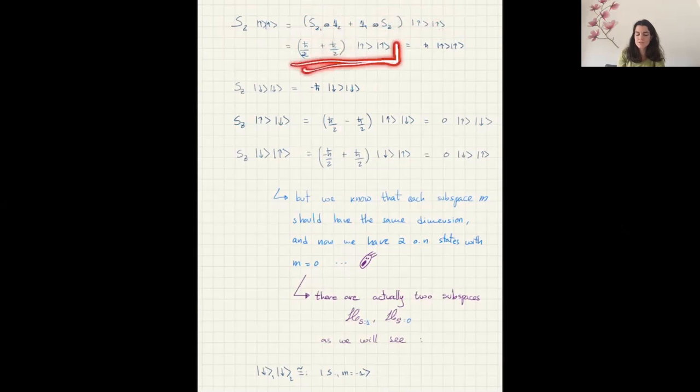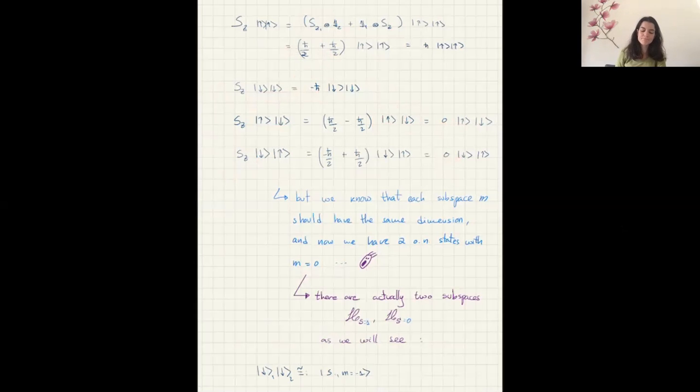So overall we get ħ and the same state. We can do the same for the others. Not surprisingly, if we apply it to down down, you get minus ħ/2 minus ħ/2, so a total of minus ħ. If it goes up down, then you get ħ/2 from this one and minus ħ/2 from this one, so you get 0. And down up, you also get 0.